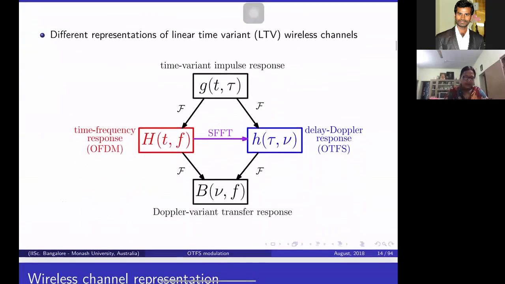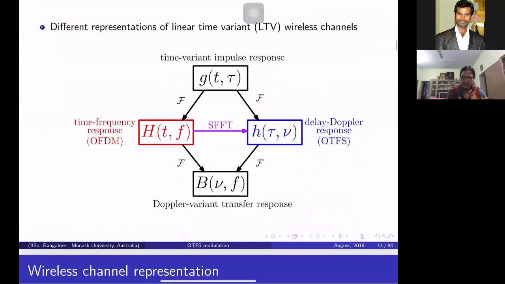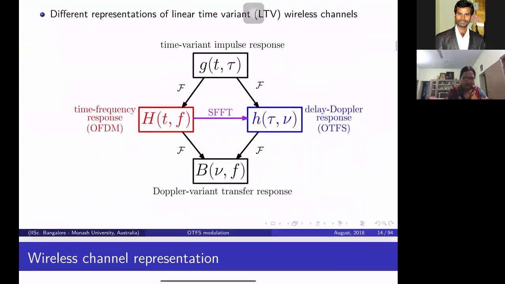In this representation of a linear time-invariant wireless channel, the time-frequency response of the OFDM channel is converted into a time-variant impulse response and a Doppler-invariant transfer response. Because in high-speed mobility there is a Doppler and there is a time variation.